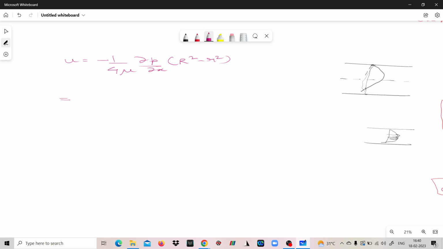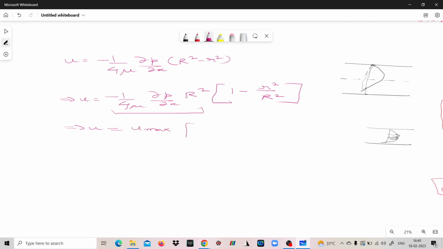This can be written as U is equal to minus 1 by 4 mu del P by del X R square, if I take R square common, times (1 minus r square by R square). Now what is this term? This term is nothing but u max, the maximum velocity which occurs at the center, times (1 minus r by R) whole square. So this is the relationship between u and u max. So u by u max is equal to 1 minus (r by R) whole square.